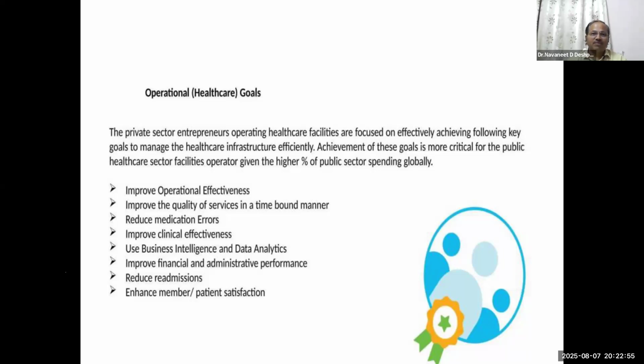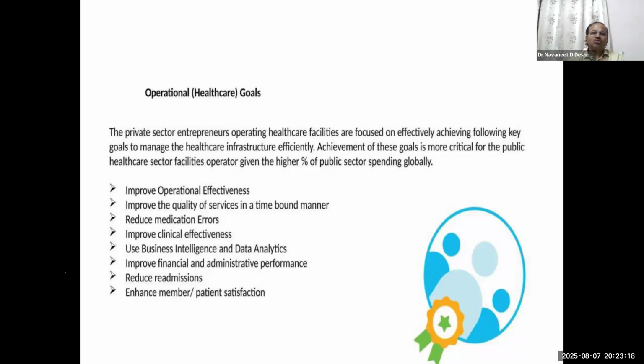What is the first goal of public private partnership? Improve operational effectiveness, improve the quality of services in a time-bound manner, reduce medication errors, which occur once in a while because of handwriting or something like that, and improve clinical effectiveness. Then use business intelligence and data analytics. You should be good in this also.